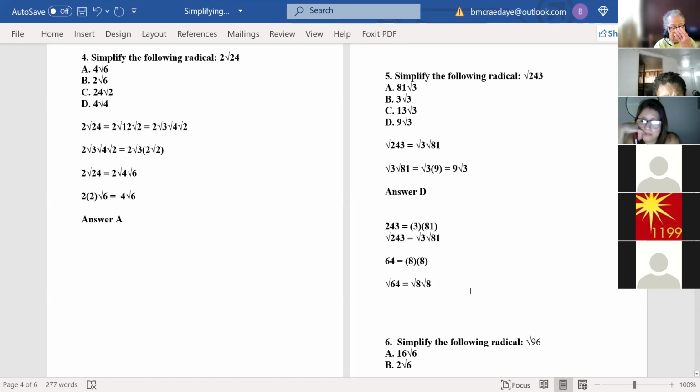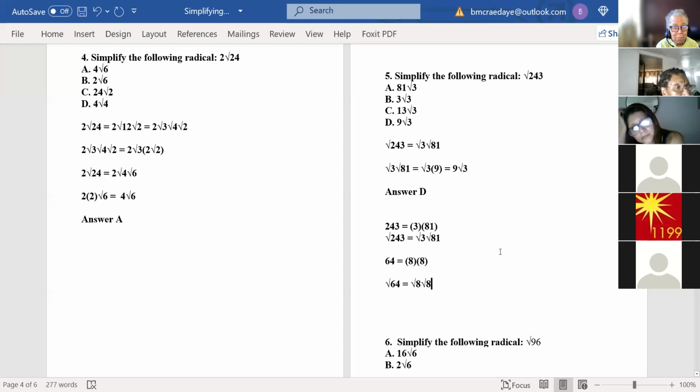But one thing I should tell you, when you have a square root, you're really raising it to the 1/2 power. So what's 1/2 plus 1/2, Alva? It would be 1.